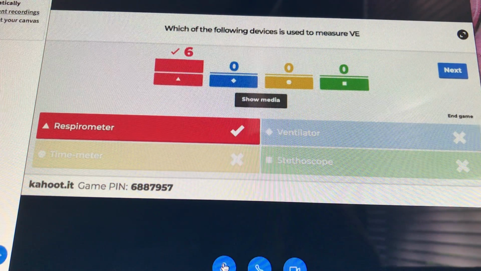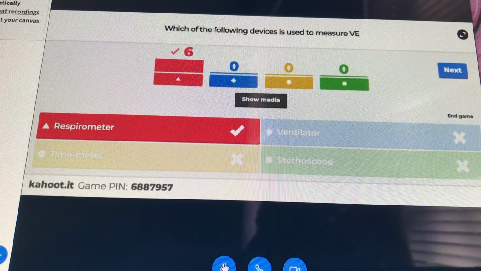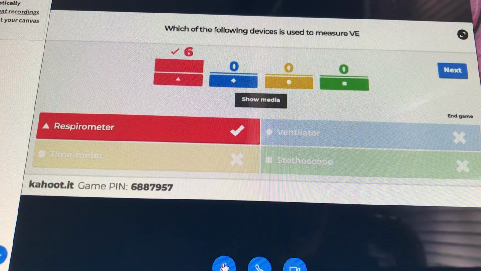Well, 1 normal breath is what volume of air? Is that how much air they moved over the course of a minute, or is that a tidal volume? That's their tidal volume, but we're looking for how much air they move over the course of a minute.